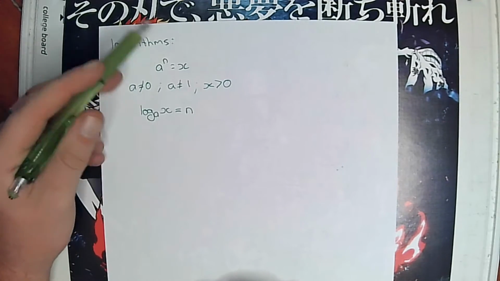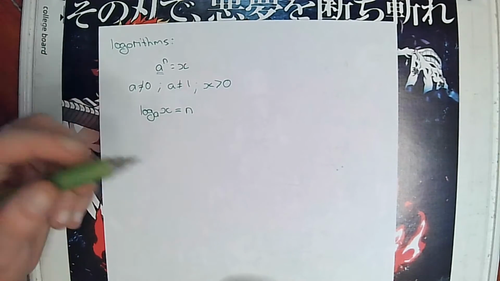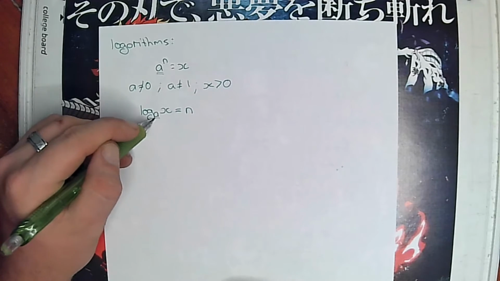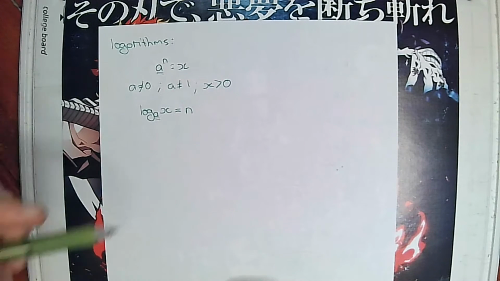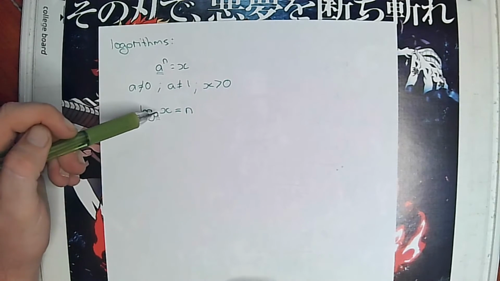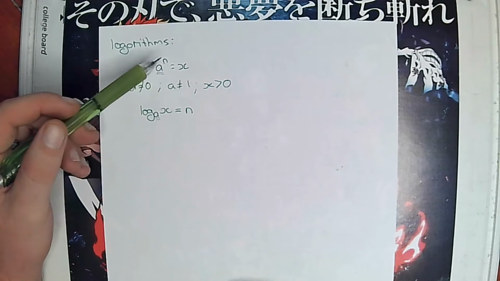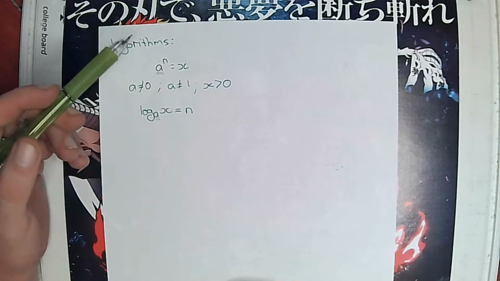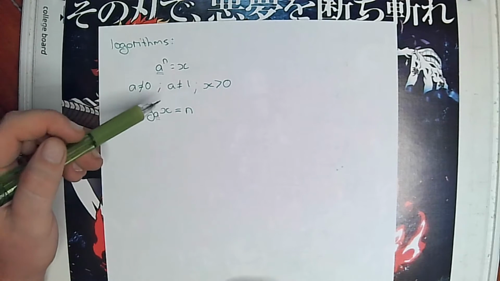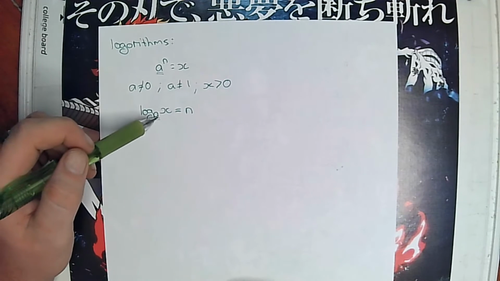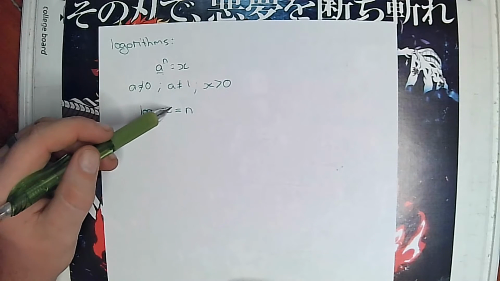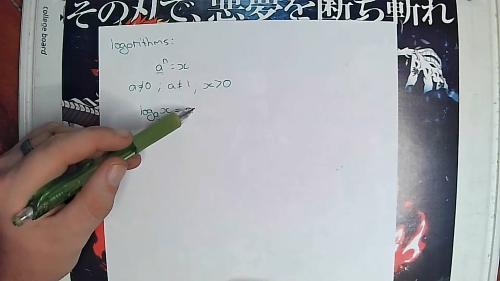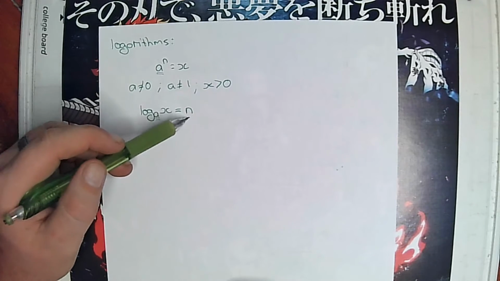So a is the base of the exponent, and a is the base of the log. That remains unchanged. Now, x is the answer of a to the power of something. But what a log really tells us is that the base a will give me x if its exponent is n.